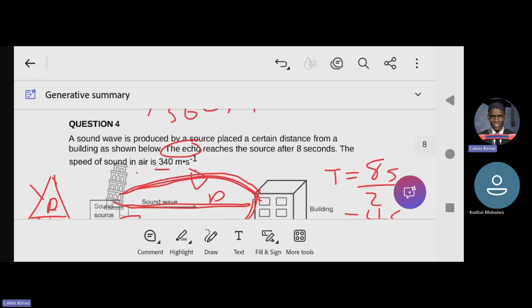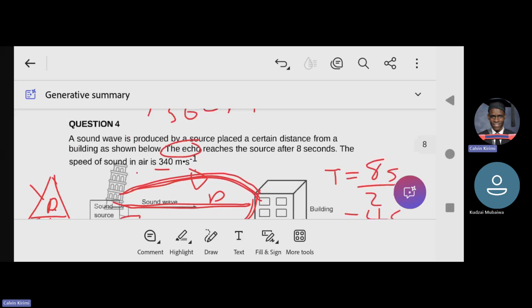The propagation, remember when we were talking of ultrasound or longitudinal waves, the propagation was the disturbance, isn't it? Where we are moving up and down. You are moving your hand up and down, or you are moving the string of a guitar.